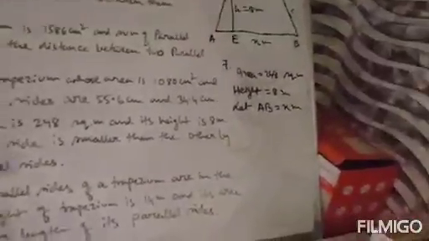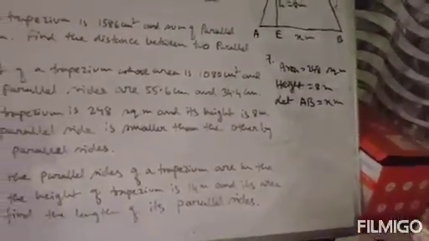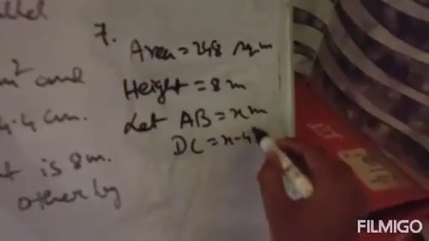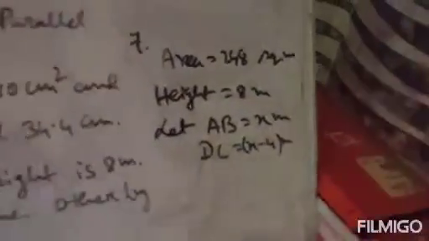So if AB is x meter, then another parallel side, that is DC, will be x minus 4 meter.